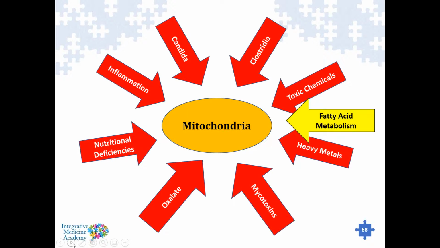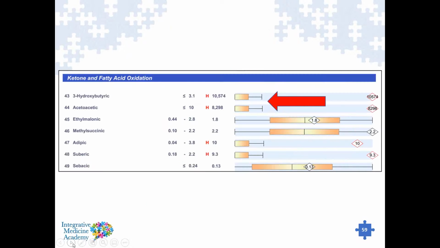One of the things I wanted to show you real quickly was fatty acid metabolism issues. If you look at the fatty acid and ketone oxidation section of the OAT, many of these things can show up because they're inflated at a mild level because of diet. So I've shown examples where people were taking coconut oil, for example, cooking, and it just kind of caused these markers to be high.